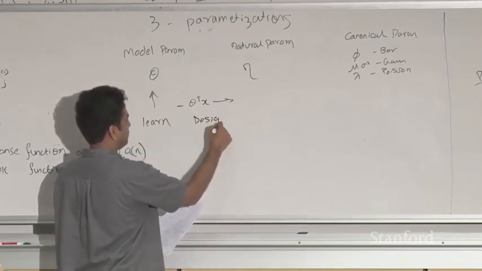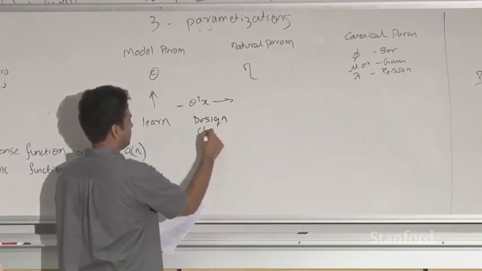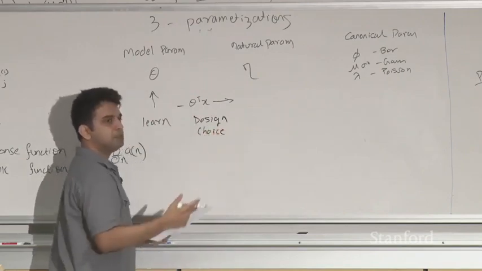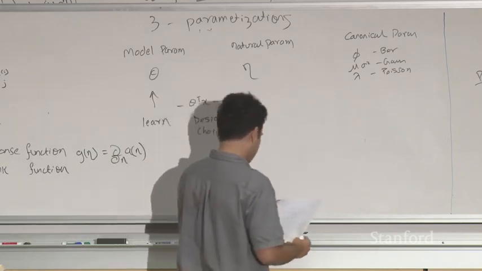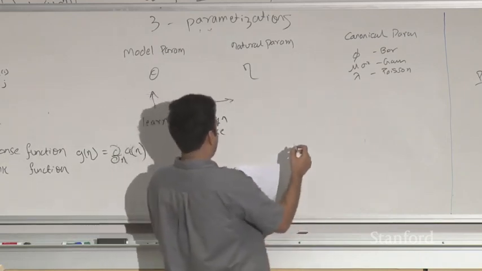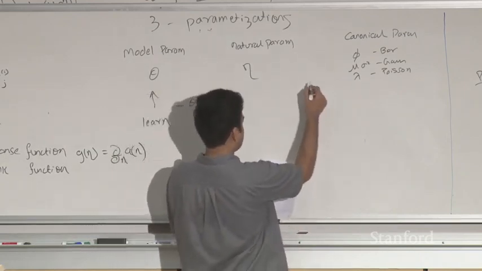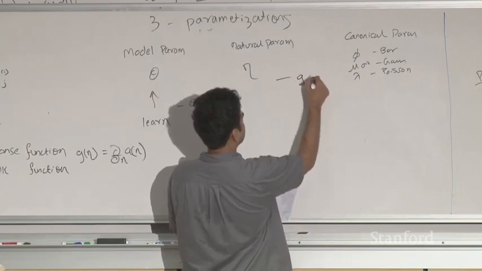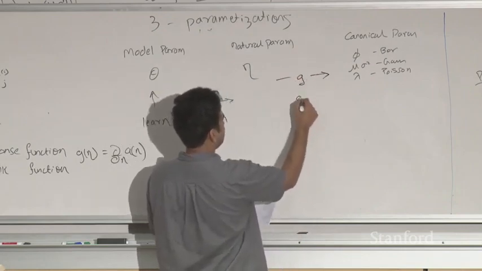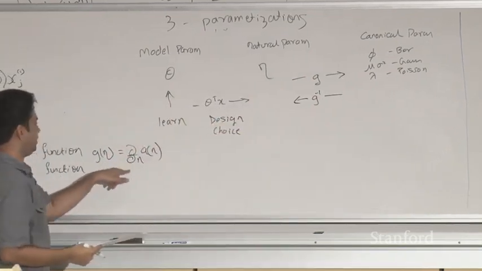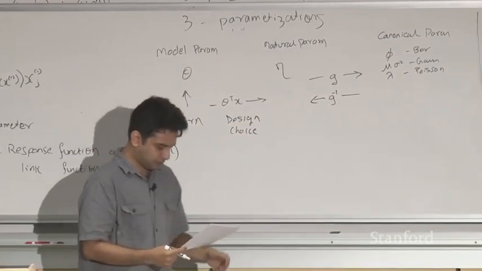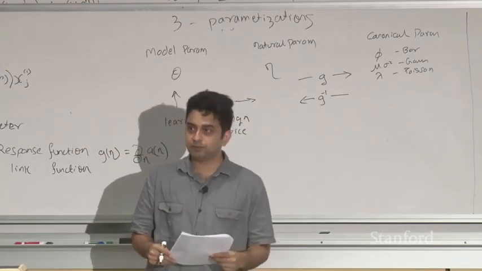We choose to reparameterize eta by a linear model, linear in your data. And between these two, you have g to go this way and g inverse to come back this way, where g is also the derivative of the log partition.